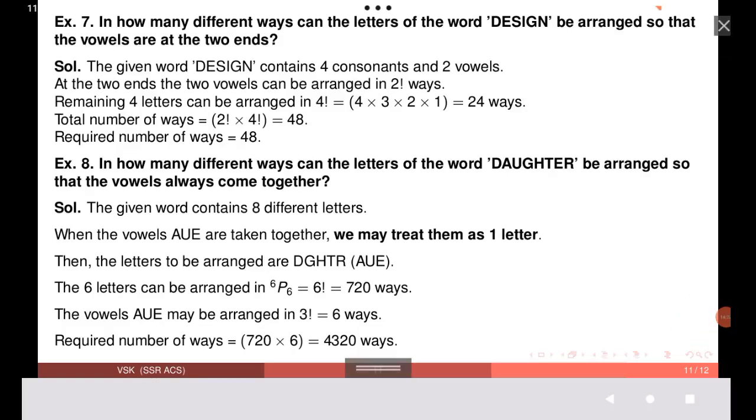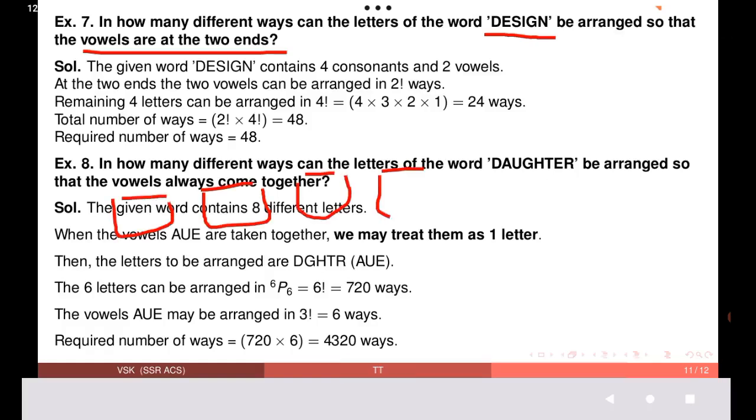Now let us quickly see these two examples which are important. In how many different ways can the letters of the word DESIGN be arranged so that the vowels are at the two ends? So you can see there are 6 letters, 1, 2, 3, 4, 5 and 6.